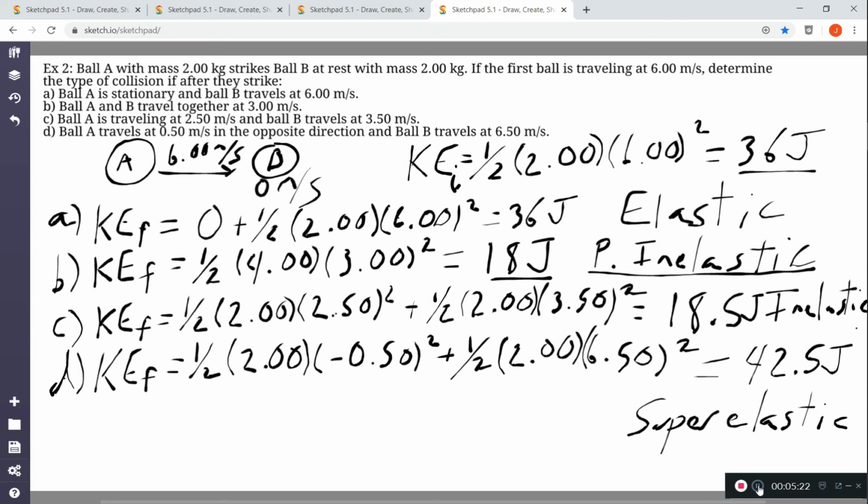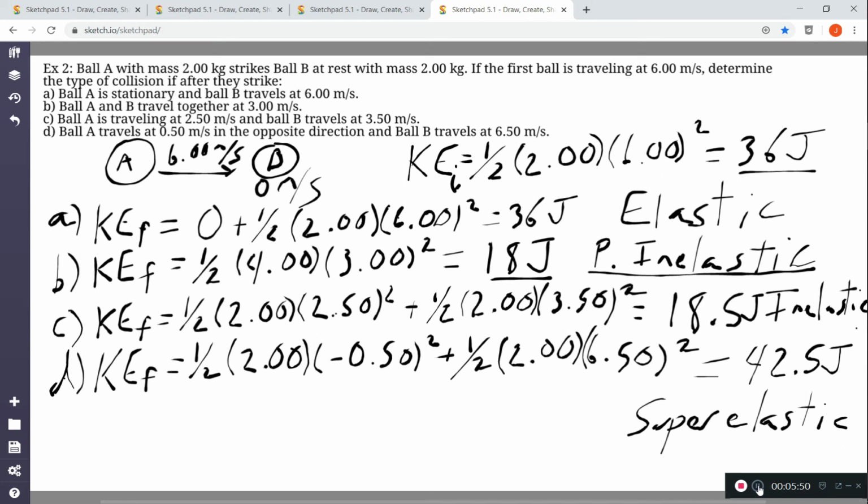For instance, noticing that in part A, all the velocity transferred to the other ball would let us know that it's elastic. But what if the other ball was double the mass? Then it wouldn't be half of the velocity. It would be a factor of that by the square.